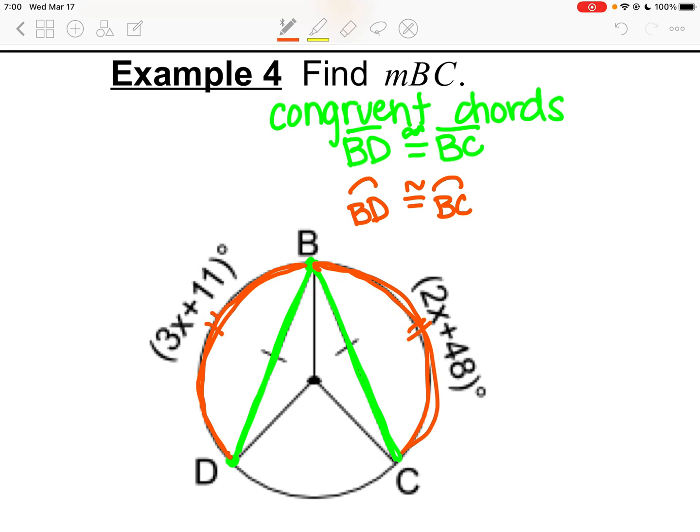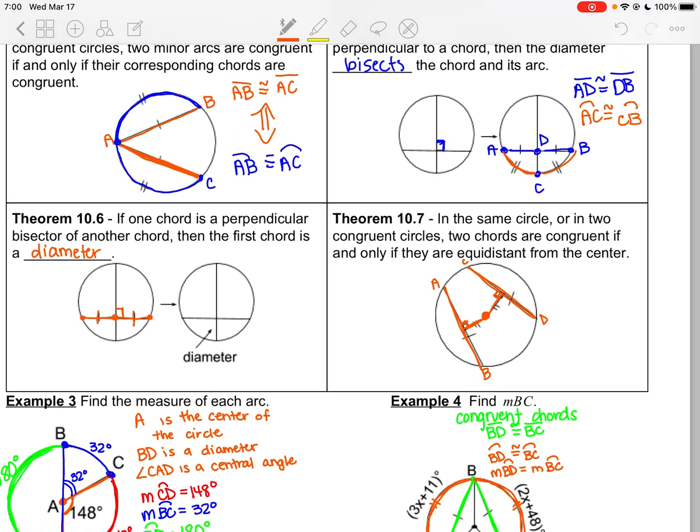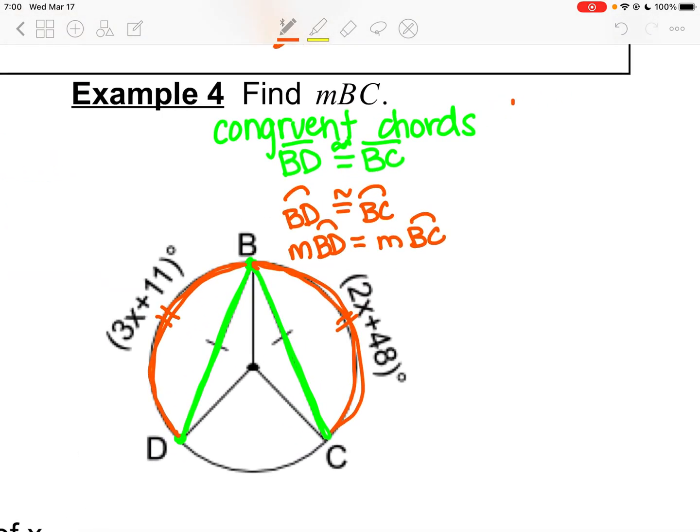So anytime things are congruent, then their measures are equal. So the measure of arc BD will be equal to the measure of arc BC. And that's from this theorem about congruent chords, 10.4. So this goes with theorem 10.4.